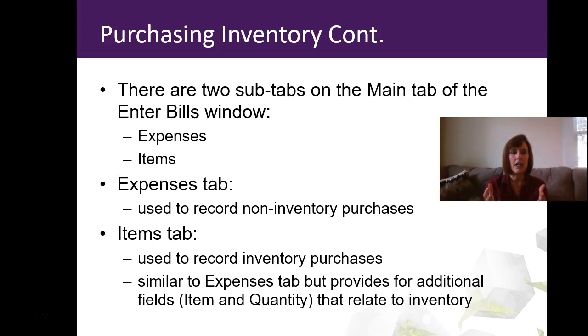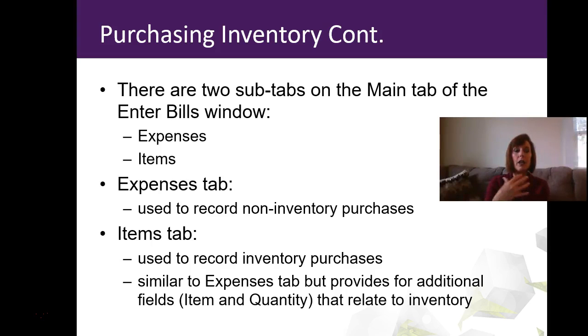We might need tubs of grease, maybe little washers, who knows. But items that are really too small to be inventoried, yet certainly necessary in the work that we do, will get treated as an expense, whereas the more substantial items will go in under the items tab.